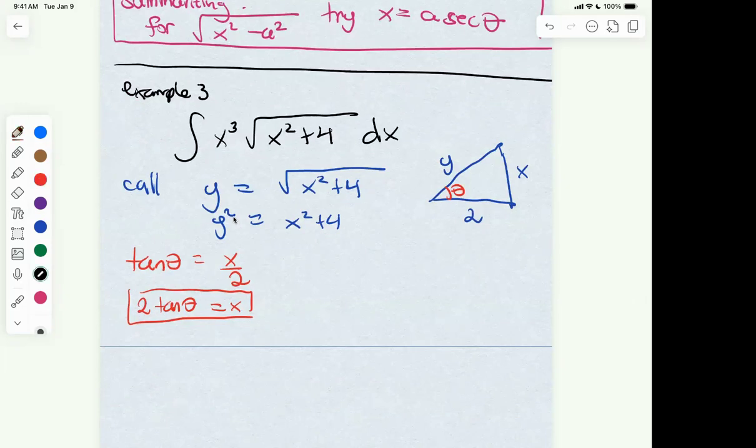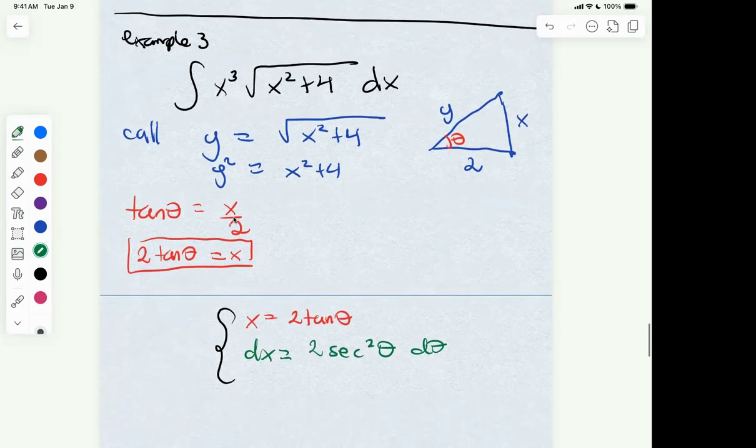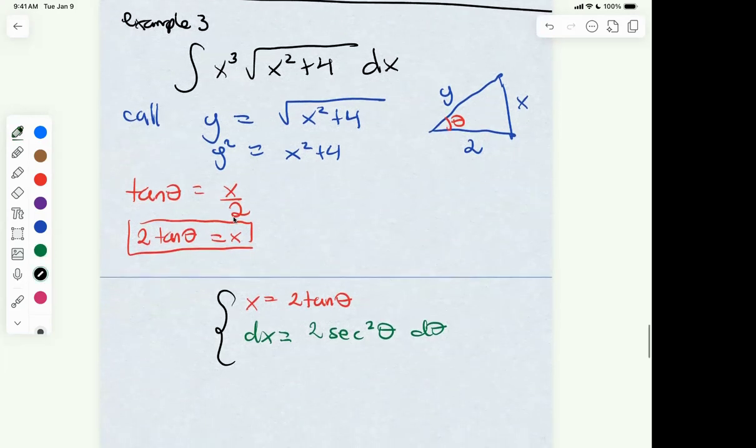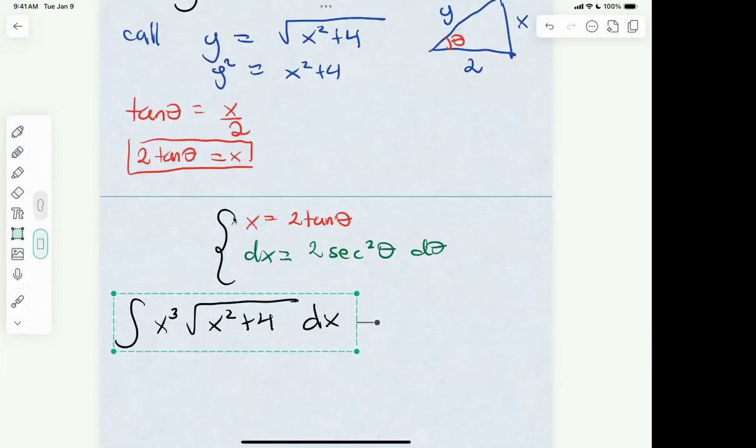So that's the substitution that we're going to use. Let me write that. We have that x equals 2 tangent of theta, and dx, what is the derivative of tangent? Secant squared. So 2 secant squared of theta d theta. And once you are here, if you did the right substitution, the problem has been designed so that everything falls into place nicely.